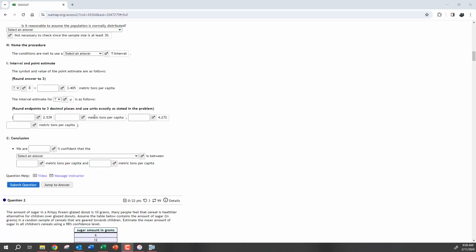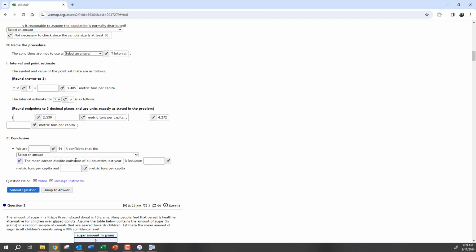The last thing is our conclusion. What does this tell us? Well, what is our percent confidence? Our percent confidence is the 94% that we just created. We're 94% confident that the mean carbon dioxide emissions of all countries last year is between our lower and our upper.